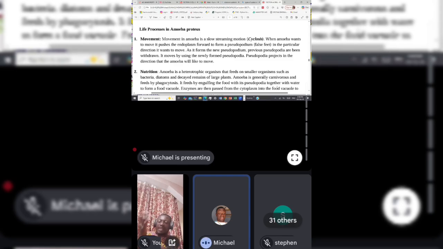Now if you extend or stretch it, the cytoplasm, let me say protoplasm, so everything together in the cell membrane is protoplasm. So this cytoplasmic content or the protoplasm will move to fill the vacuum or the space you have created, and that will cause the amoeba to move to that side.